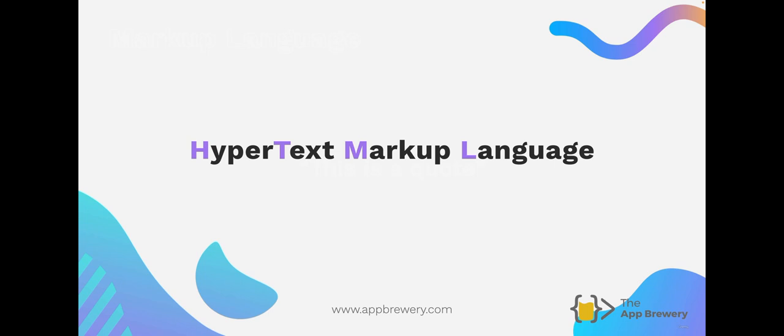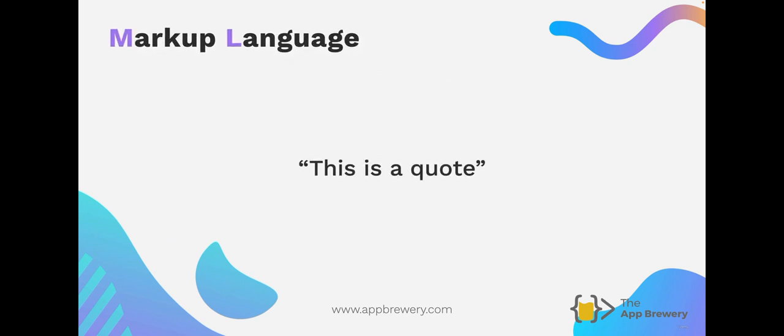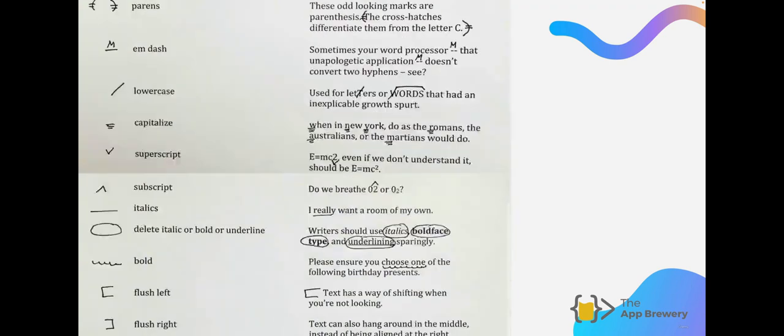We've known hypertext. Now, what is markup language? Markup language is just like a quote. In written work, you have quote and unquote, and this is just a quote when you are writing your code, and it helps you to mark a particular word when you are writing code.